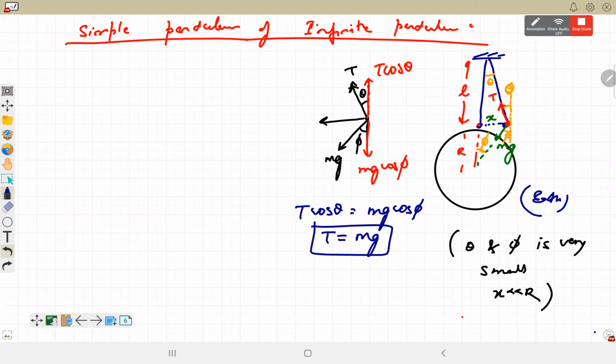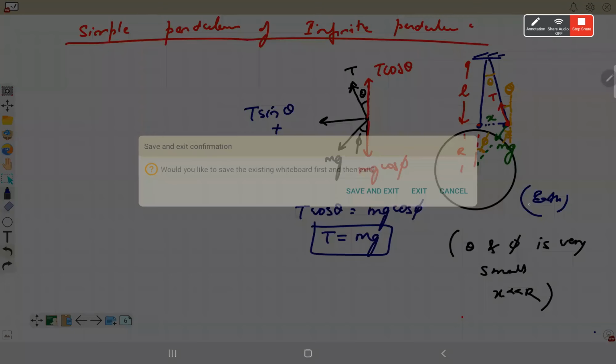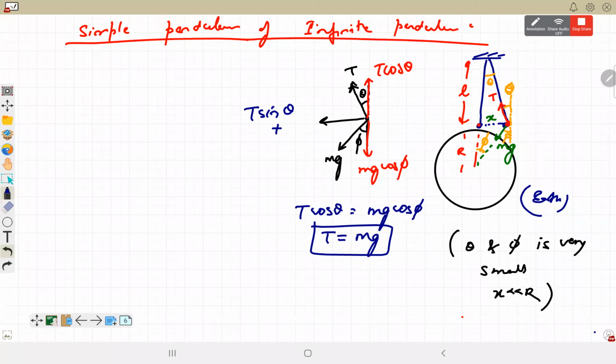If T is approximately equal to mg, now T sine theta plus mg sine phi is the total restoring force.